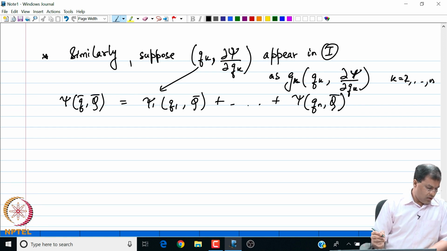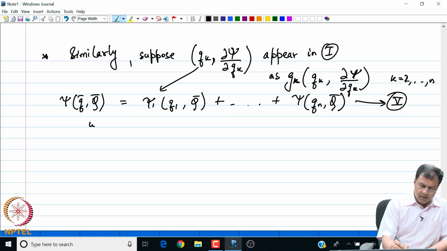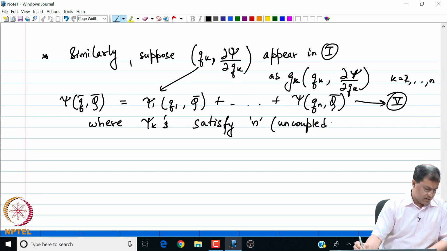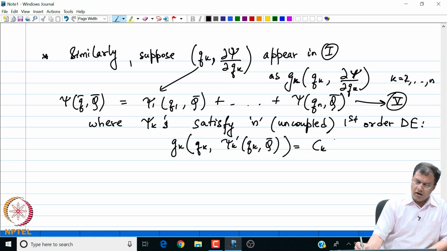Okay. So let me call this expression 5, where my functions psi k satisfy n uncoupled first order differential equations of the form Gk of Qk comma psi k prime of Qk comma Q bar equal to Ck of Q bar.